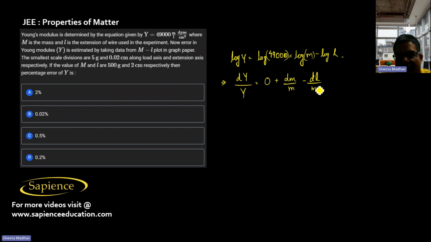Since errors should not be subtracted, we have to add them. So I can say delta y by y is equal to delta m by m plus delta l by l.